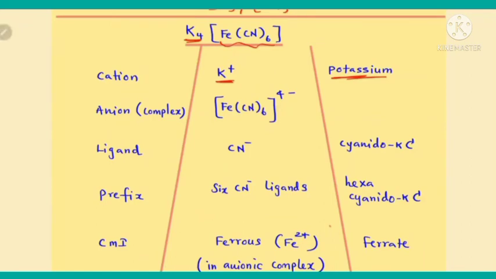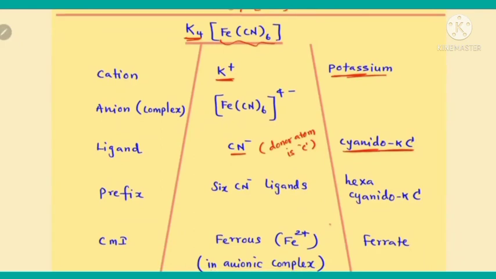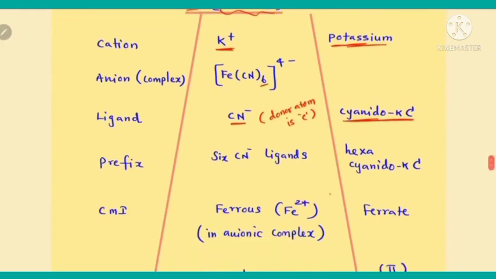Now, in the anionic portion, the ligand is CN minus, which is called cyanido, and this is an ambidentate ligand. Here the donor atom is carbon, so the name is given as cyanido-κC. Then how many cyanido ligands are there?